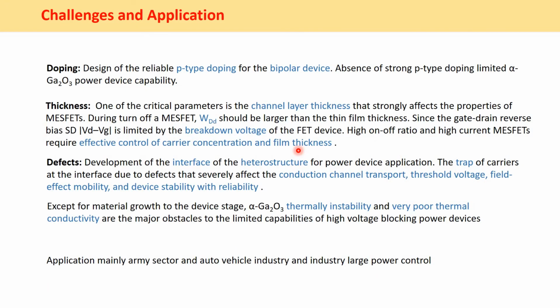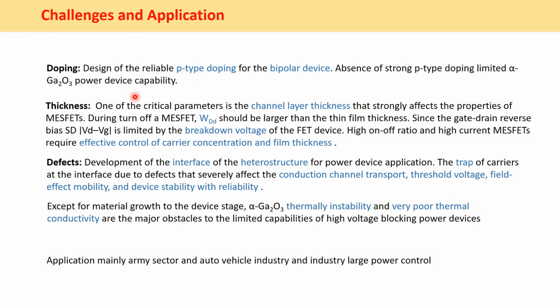Now I come to the challenges and application section. Throughout the achievements of alpha gallium oxide devices, from growth to device stage, we observe three very significant challenges we need to overcome. First is doping.